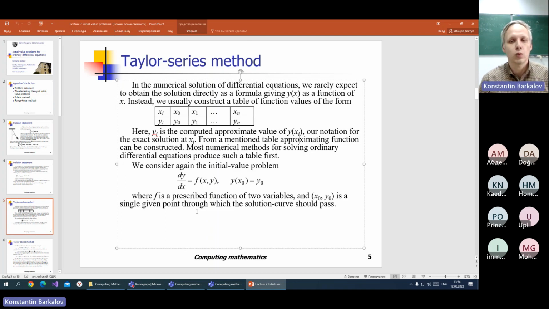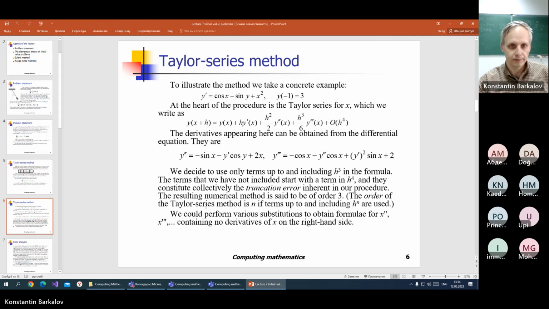And x0, y0 is a single given point through which the solution curve should pass. To illustrate the main idea, let's consider a concrete example.